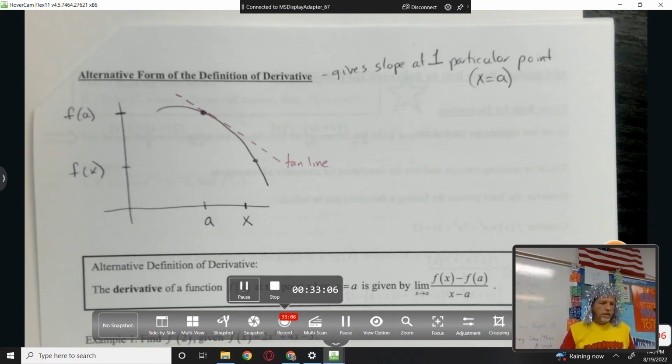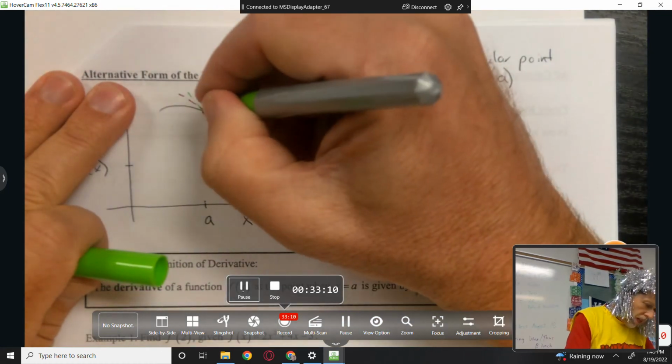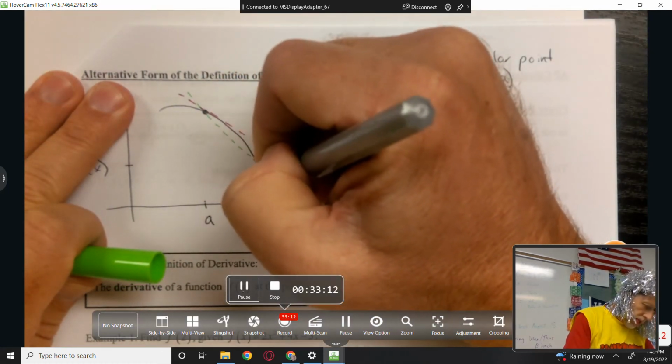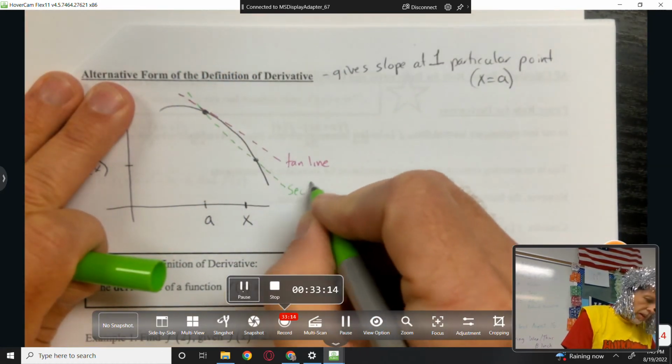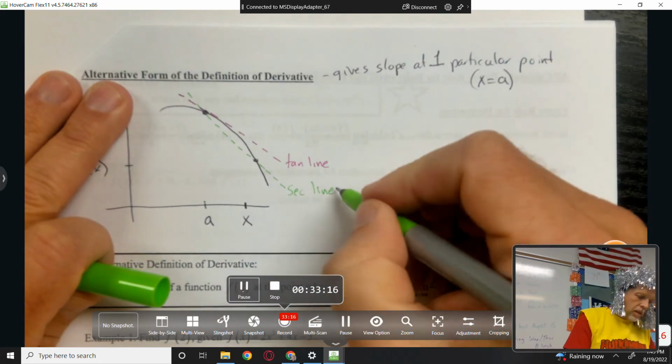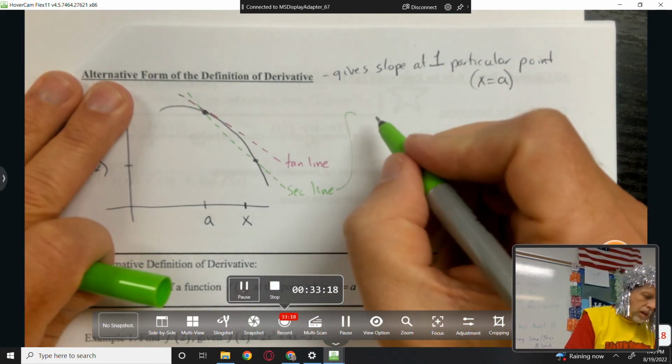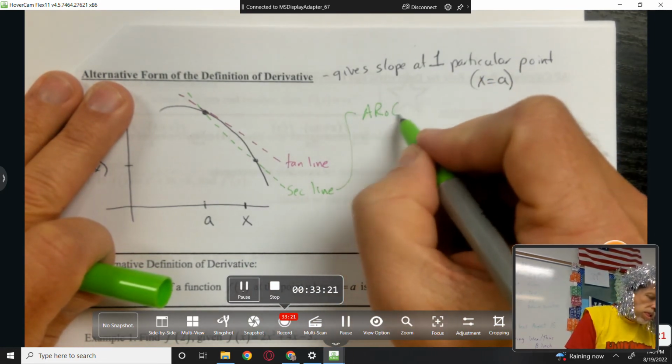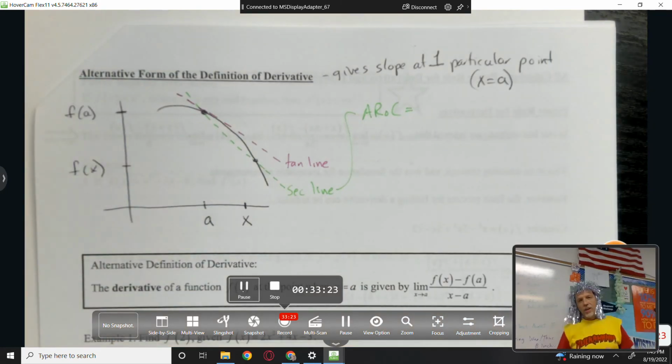So that would make, if we use those 2 points, a secant line. So let's start with the good old algebra rate of change, average rate of change. I use those terms interchangeably.